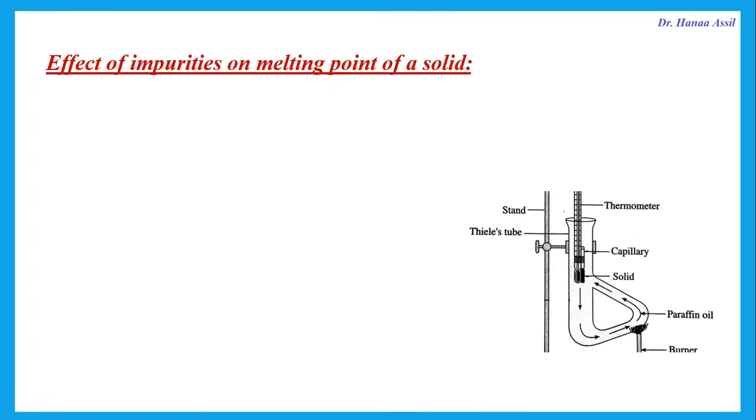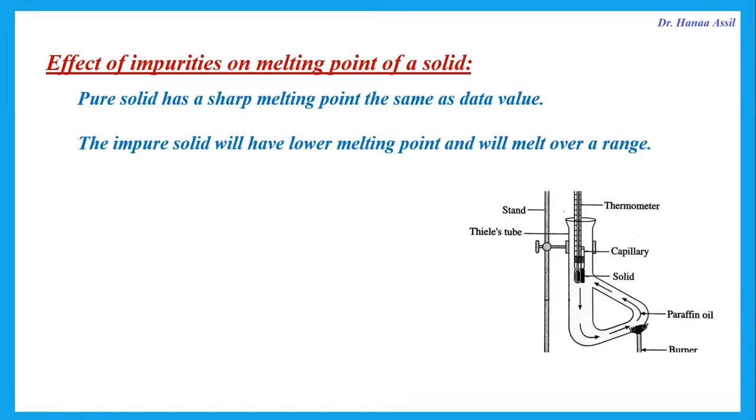What if my solid is impure? How do we determine if a solid is pure or impure? This is by measuring the melting point. So if we have a solid and we're trying to determine its purity, we determine the melting point. If it is pure, it would have a sharp melting point, and the melting point would be the same as the data value.